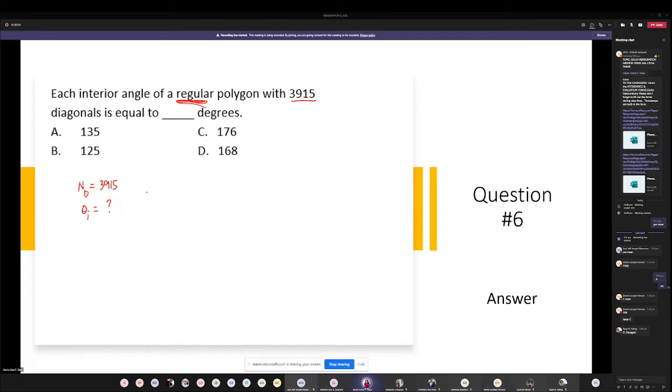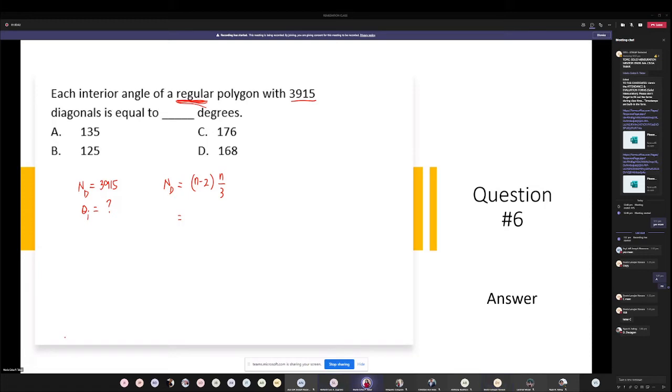The only formula we have for the number of diagonals is n minus 2 times n over 3. Sorry, it's the other way around.